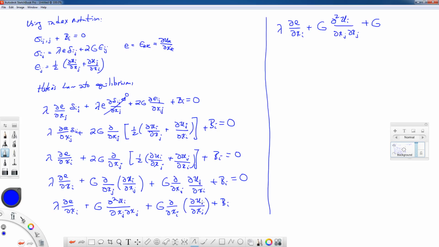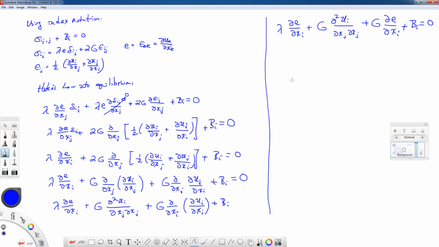That is the trace of the strain tensor. You can go back and look at some of the previous slides, but you can see that that's a trace of the strain tensor. So what I have is the partial derivative of the trace of the strain tensor with respect to xi. It's the same as the first term, plus bi equals 0.